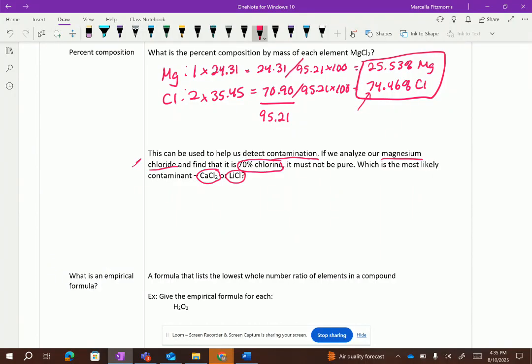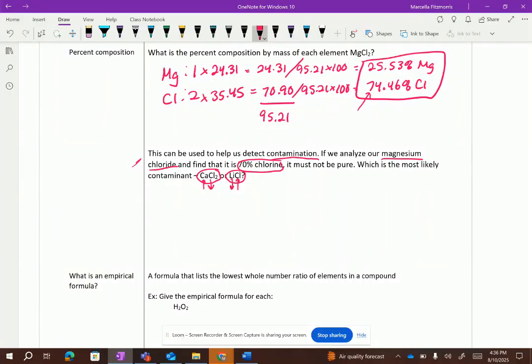of two ways. First of all, we can just think about it. Okay? If calcium, which has a higher mass, it has a mass of 40, then Li has a mass of 6. Well, if Ca's mass is higher, then Cl must be lower percentage-wise because the percentages are always going to add up to be 100%. If Li's percentage is lower, then Cl's percentage must be higher.